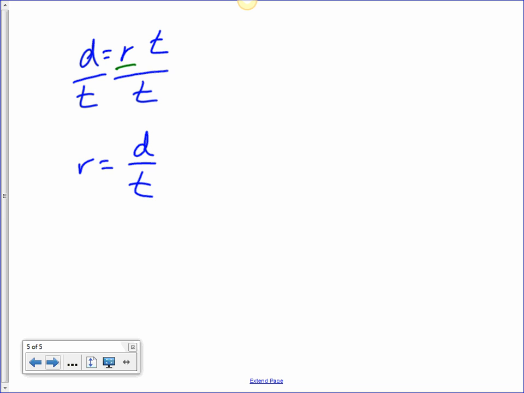Again, this could be useful if you want to find your rate. For instance, if you want to find how fast you're going if you traveled 300 miles in 2 hours. How would we figure it out? Well, we take our distance, which was 300 miles.